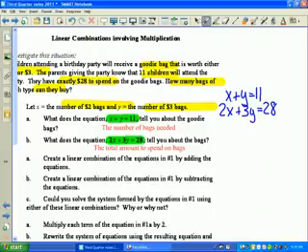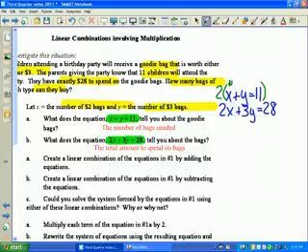Let's say I want to get rid of my x's. So in order for me to get rid of my x's, I need to have the same number. So in order for me to get the same number of my x's, I need to change this 1x right here into a 2x. By doing that, I got to multiply by 2. But remember, I can't just multiply just that term.